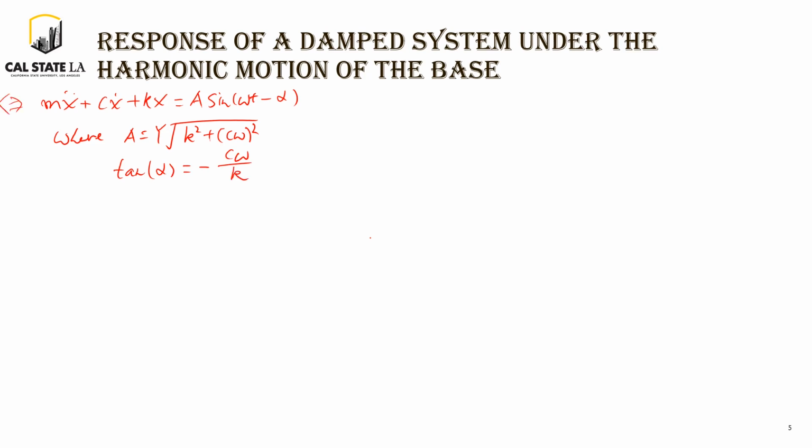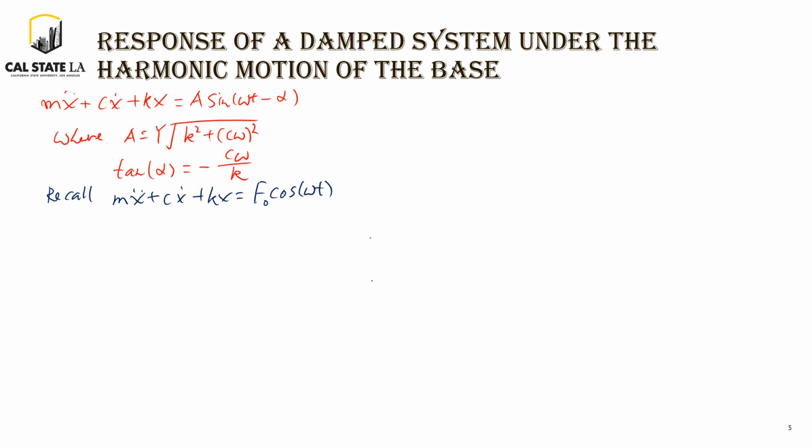So we learned something similar to this, right? Let me write down what we have learned from last week. I'm going to use a different color. We're going to recall what we had learned last week. We learned the solution to mx double dot plus cx dot plus kx equal to f0 times cosine omega t.